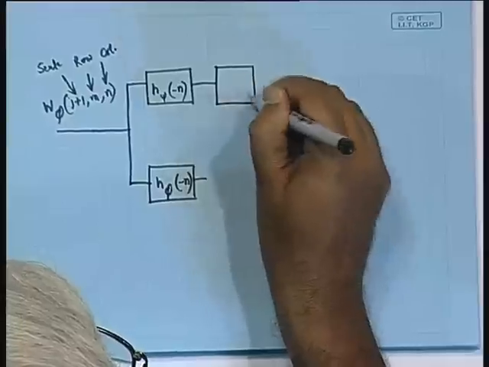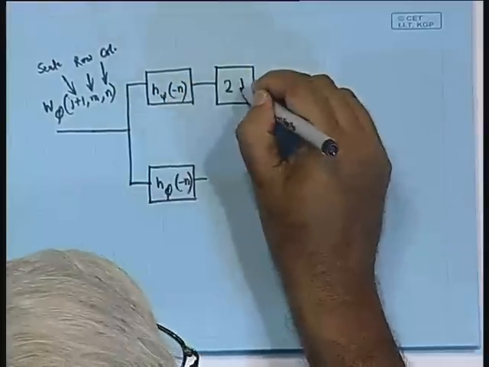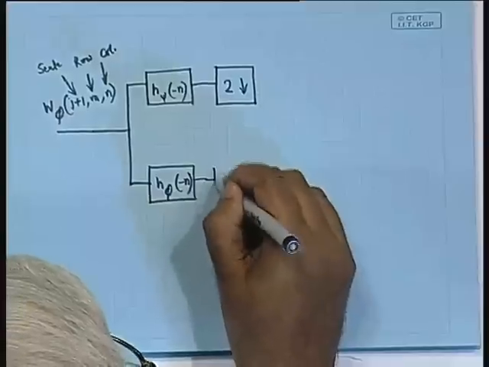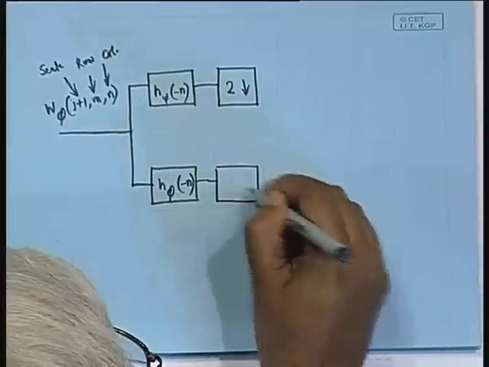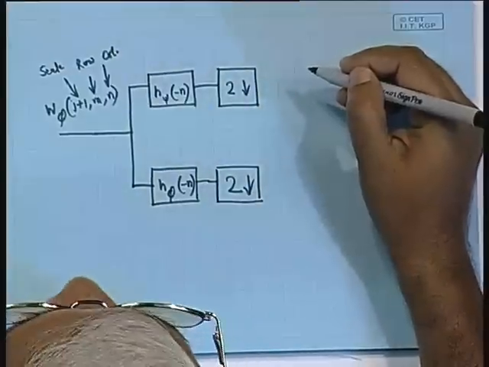So, on both the H psi filtered image and the H phi filtered image, we have to apply a subsampling by a factor of 2. Subsampling means that out of 2 consecutive samples, we pick only one of them and discard the other.